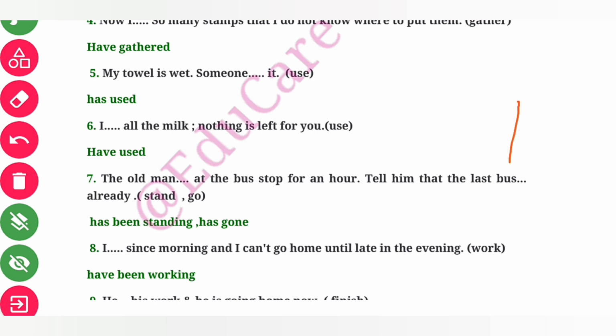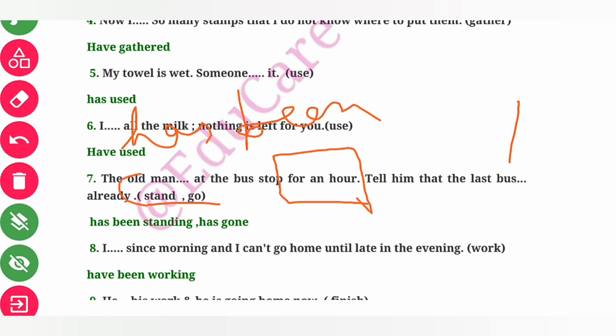Number 7, the old man dash at the bus stop for an hour. Tell him that the last bus dash already. Two verbs are used, stand and go. देखिए, for an hour, for का यूज़ किया गया भाई. It means the action is given in present perfect tense. तो old man है तो सबसे पहले यहाँ पे आप has लगा लीजिए. has लगाएंगे तो been लगाना ही है. ठीक है, पहला stand दिया तो आप been के साथ ing लगाएंगे तो वो standing हो जाएगा. देखिए, ऐसे sentence को change करिए. The old man has been standing at the bus stop for an hour. 1 घंटे से वो खड़ा है वहाँ पे.